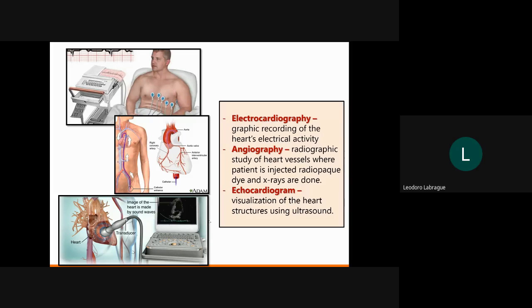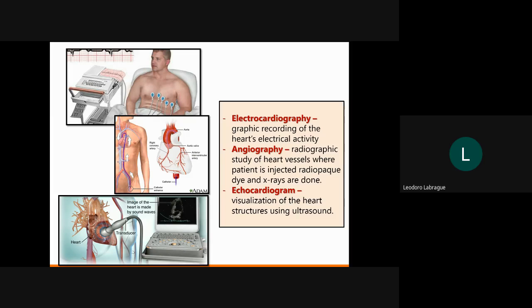The first one is electrocardiography, ECG. It is a very simple procedure. See, the doctor might put some probes over your chest area. See the first photo? And these probes are attached to the machine, and it will record electrical activity.